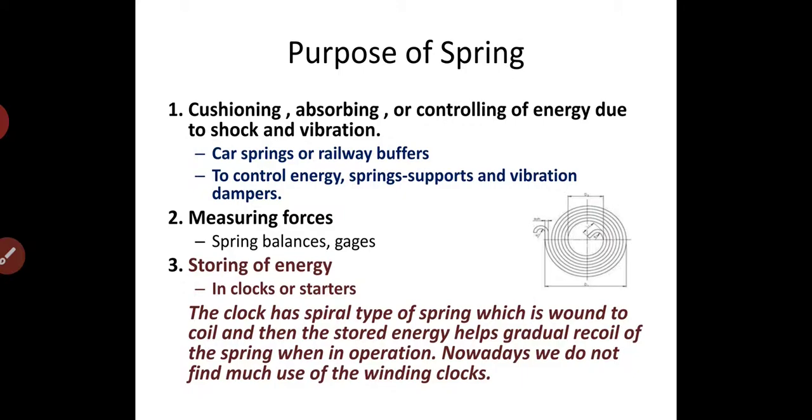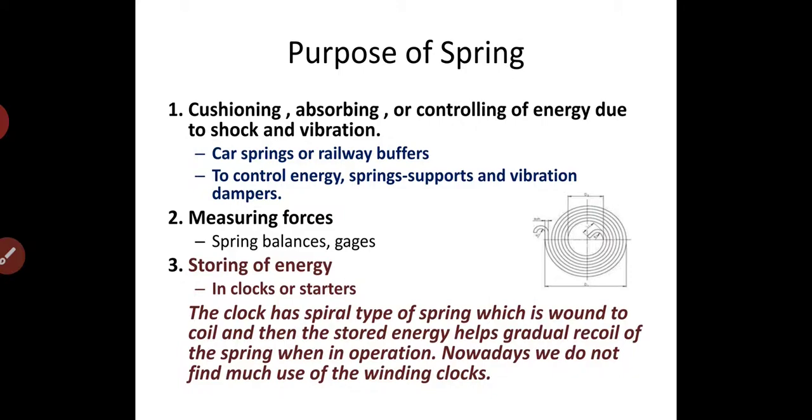The clock has a spiral type of spring which is wound to coil, and then the stored energy helps gradually recoil of the spring when in operation. Nowadays it is hardly used, but earlier we used to have watches from HMT and Titan which had spiral type of springs in them.